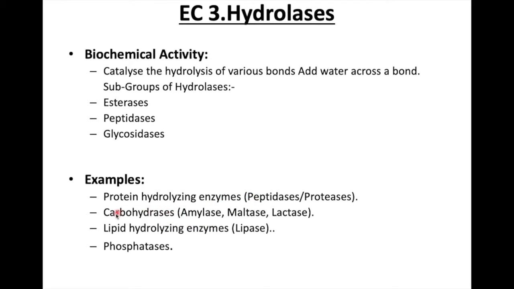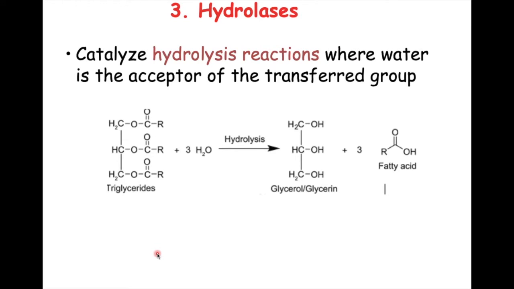If they act on carbohydrates, like amylase, maltase, lactase, then they are known as carbohydrases. If they act on lipids, then it is known as lipase. If they act on phosphate, then it is known as phosphatase enzyme.